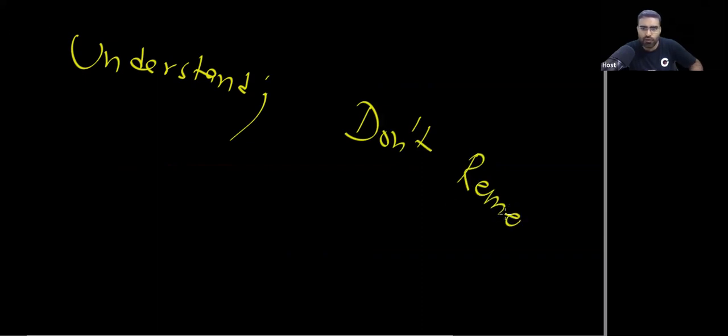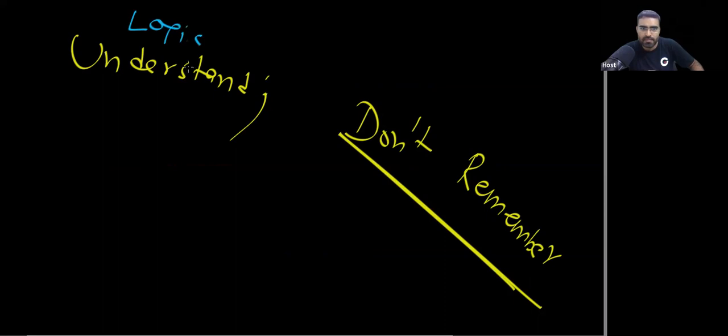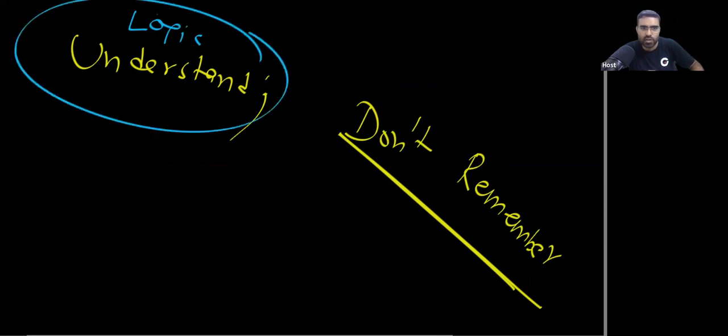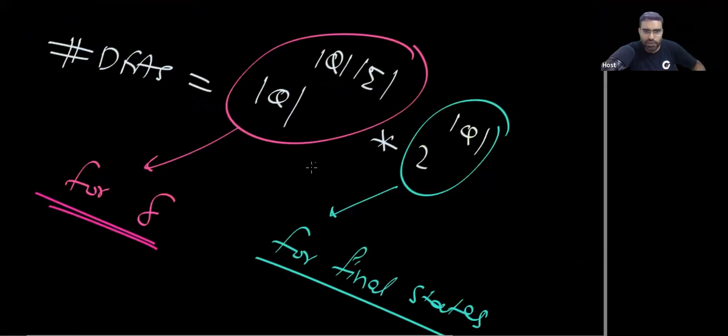After this session, you forget about it. All these formulas you forget, but the logic you understand. You can forget about the formula. Never remember the formula. You can just understand the logic. Okay. Is this clear? Please tell me how many DFAs you can create. That point is clear. Let me know.